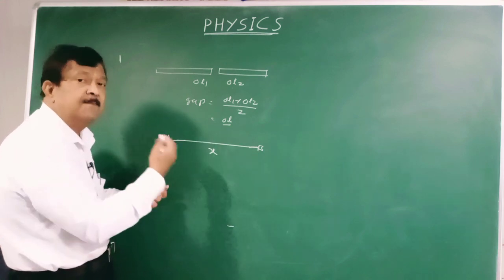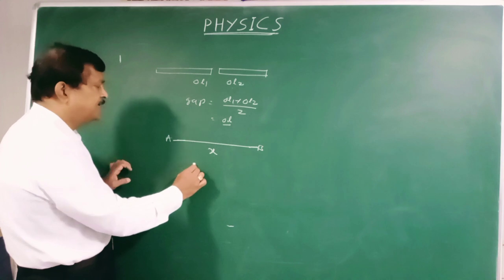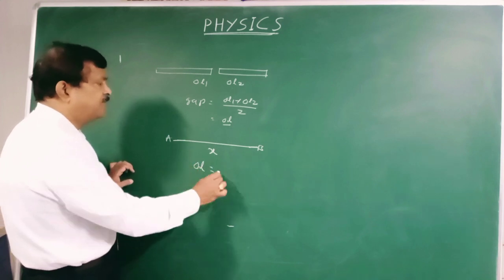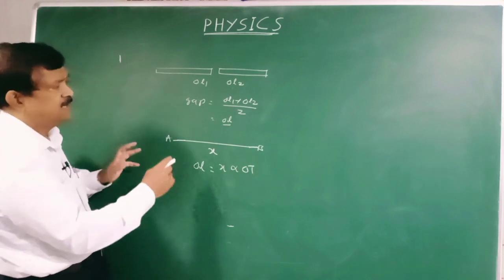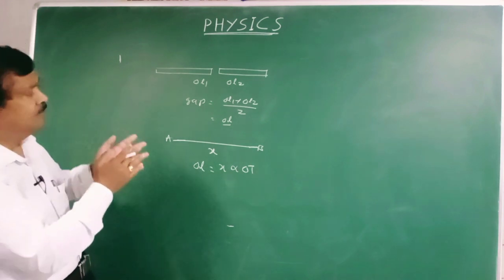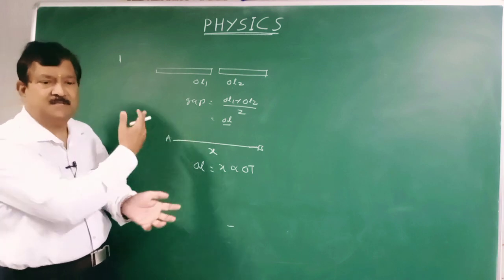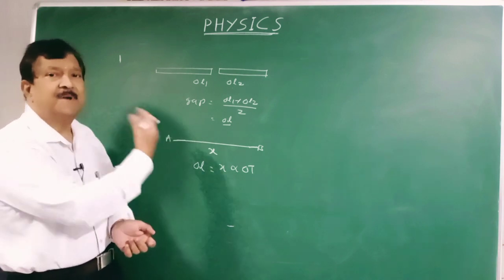That gives the sum of all the gaps. So the total gap to be left equals x times alpha times delta t. This is an application we completed in the previous class, and I explained it just for a recap.